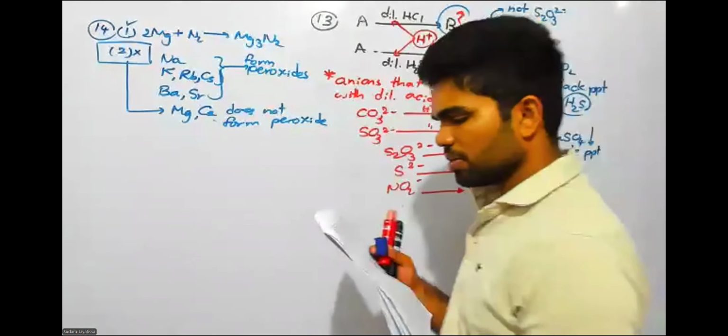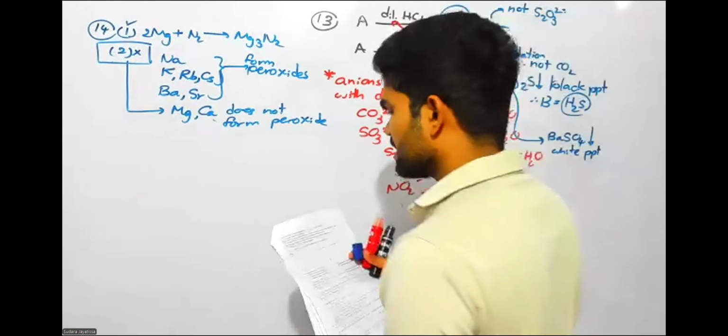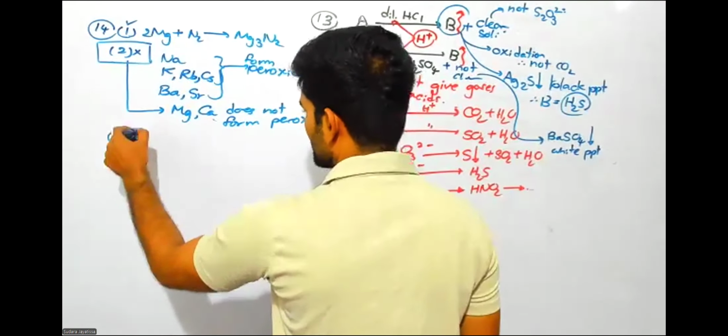Then look at the third statement, which says their peroxides and superoxides may undergo thermal decomposition. You are not supposed to learn it, but since the second statement is wrong, you can decide that this is correct. Let's say sodium peroxide and potassium superoxide undergo thermal decomposition.